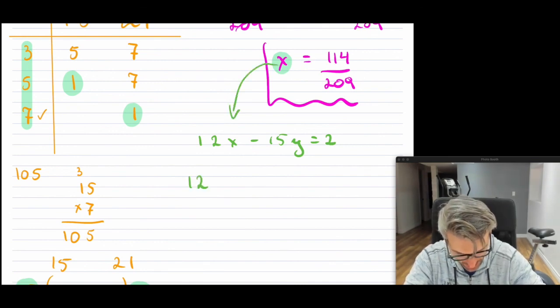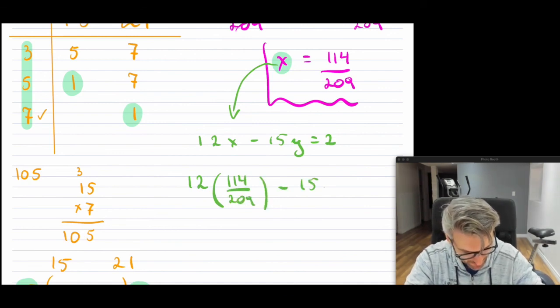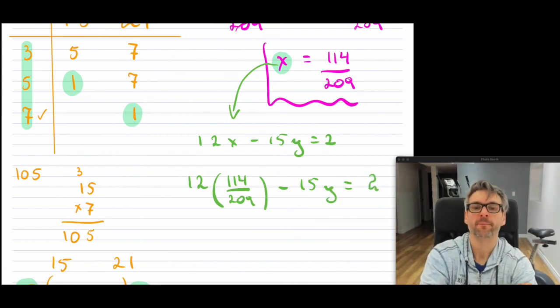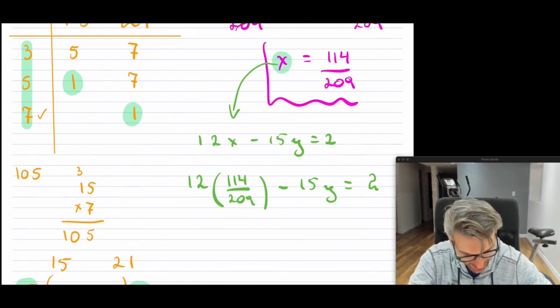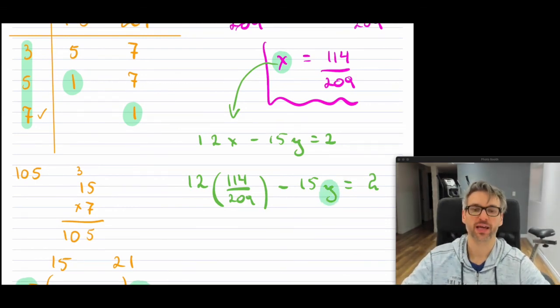So it's going to be 12 times 114 over 209, minus 15y is equal to 2. And now you would have to solve this for y in order to obtain exactly where those two lines intersect. So this is just substitution.